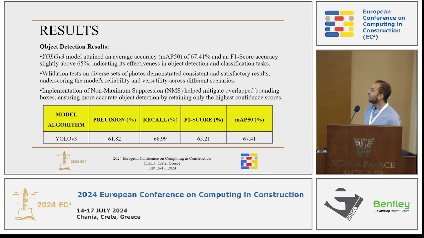And of course, the fact that the rates are moderate to good gives us some insights that this model needs a non-maximum suppression technique to be improved in terms of accuracy and performance. So what the non-maximum suppression technique does is remove overlapping bounding boxes and retain only the ones with the highest confidence scores.